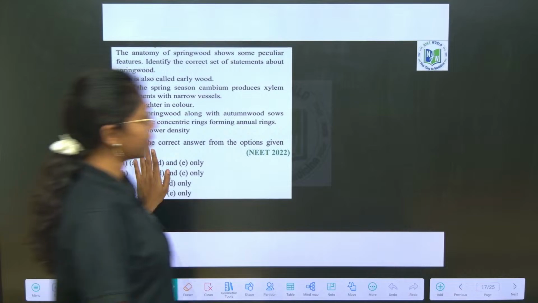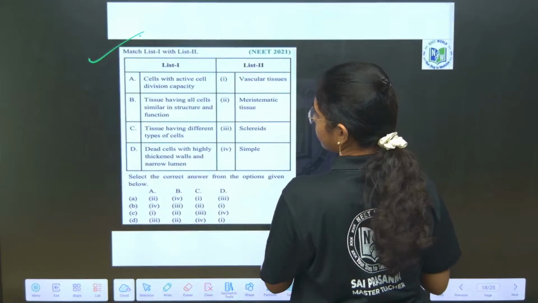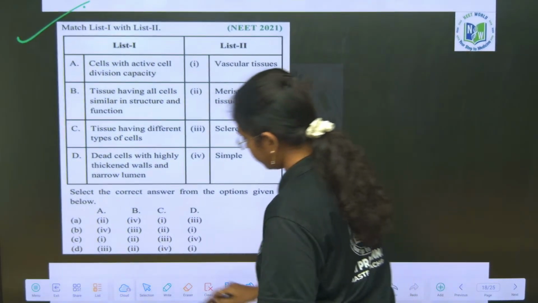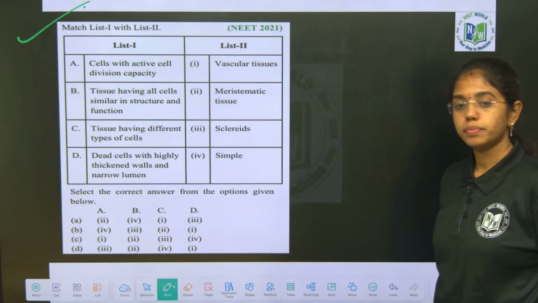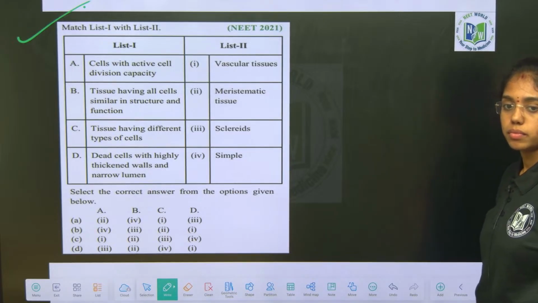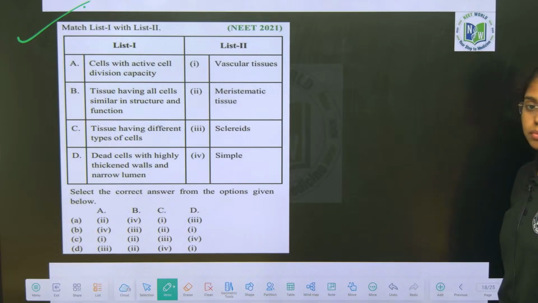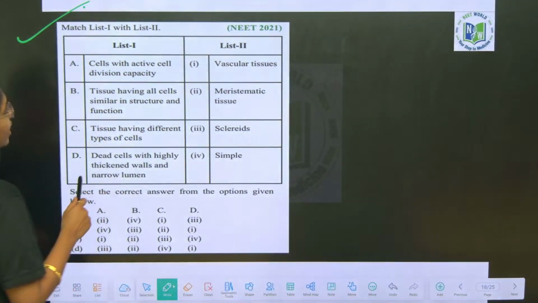This is also on wood. And this question you answer. Cells with active cell division capacity?